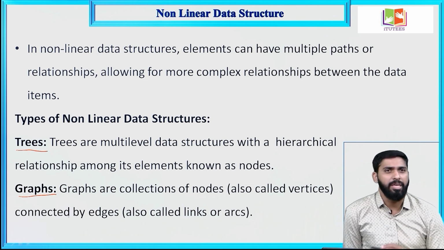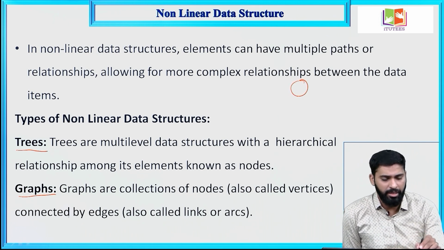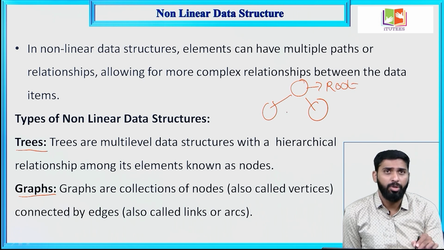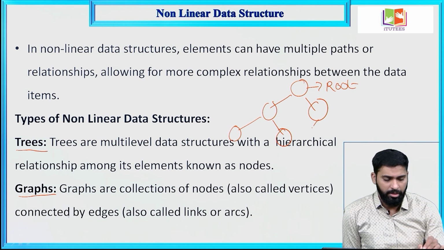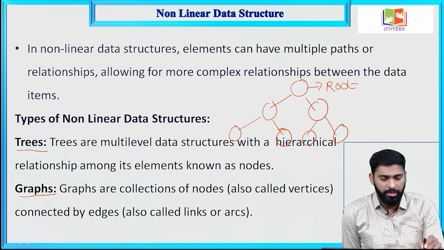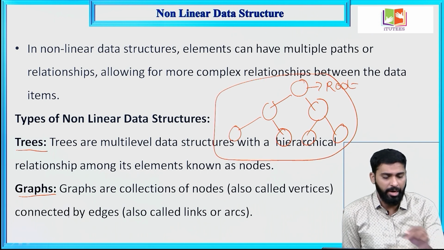So what is a tree? Tree is like this. It is a hierarchical data structure. So this is the root node. It has two children. Okay, so again this child has another two children. If you observe that, this is a hierarchical data structure.